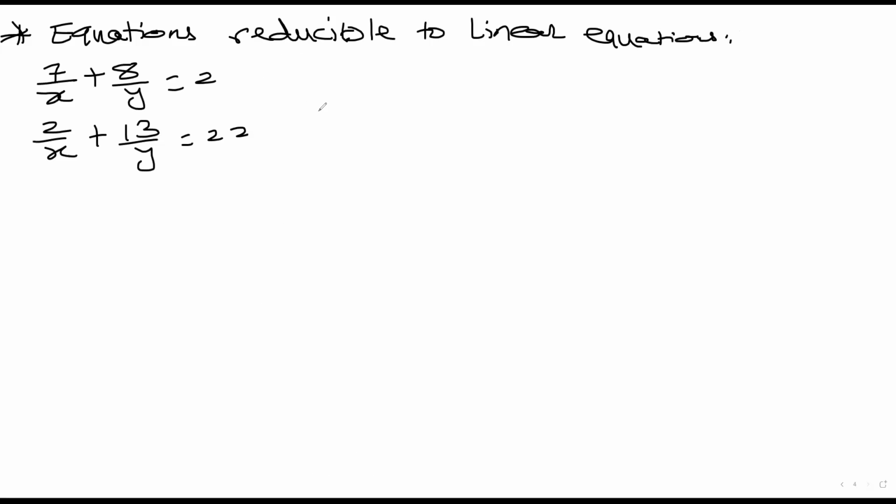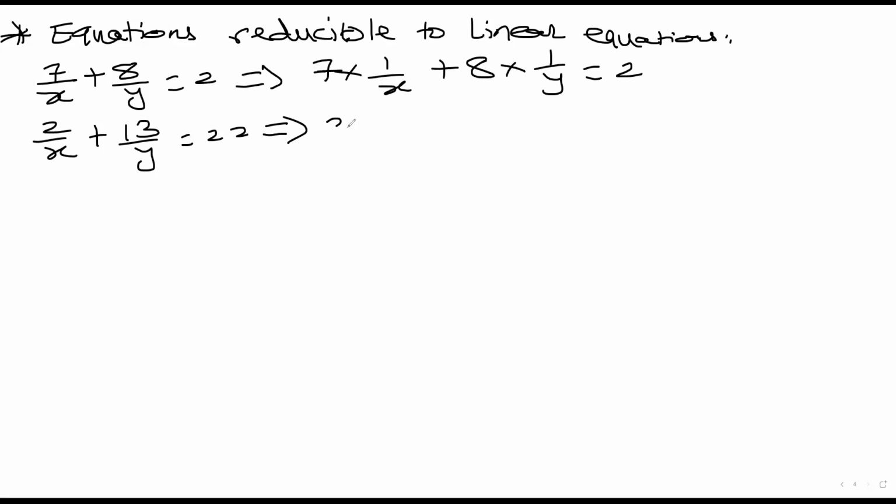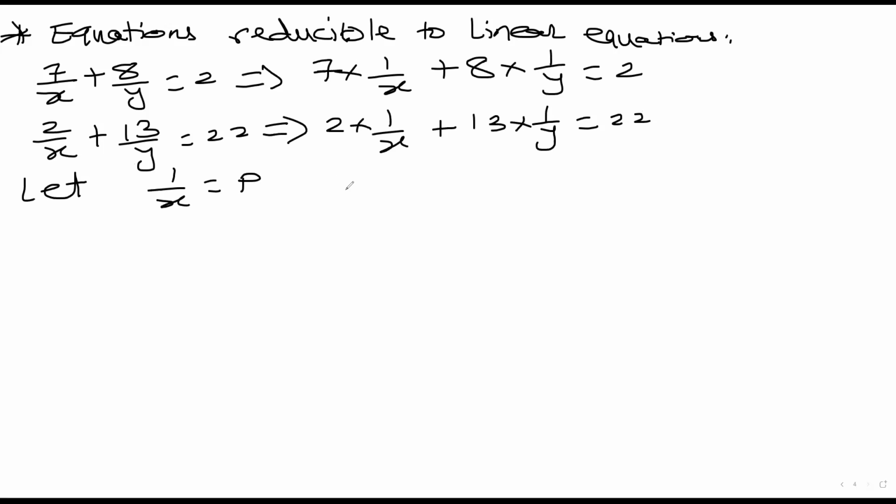So here what I'm going to do is, pay attention. This is nothing but 7 into 1 upon x. What is 8 upon y? 8 into 1 upon y is equal to 2. And this is 2 into 1 upon x plus 13 into 1 upon y is equal to 22.